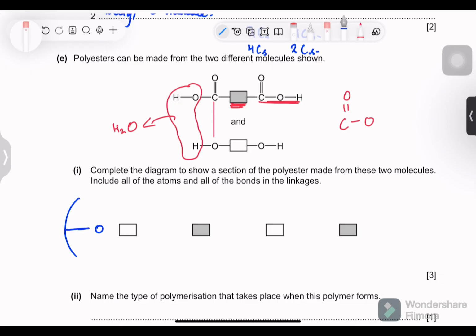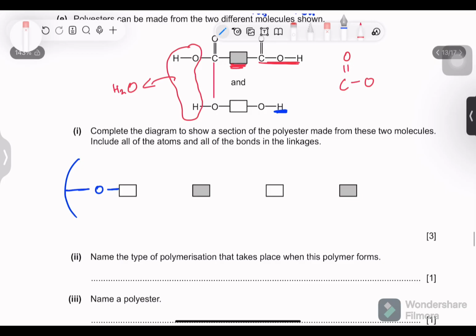Next, on the other side also, we have another O, and this H will be gone. So first, let's draw the monomer of this side, and this will be joined like this. Let's just draw it like this first. This is the bond, this is the oxygen, this will be the carbon, the double bond, the chain.